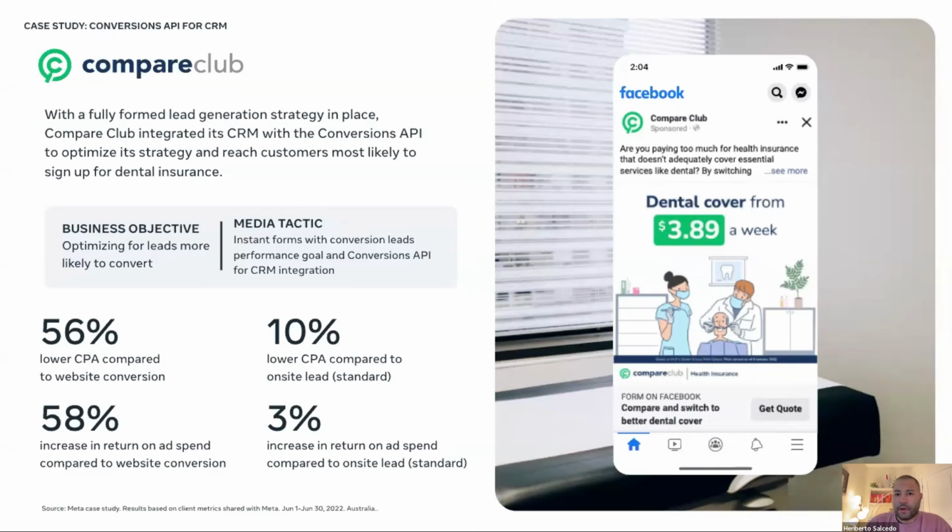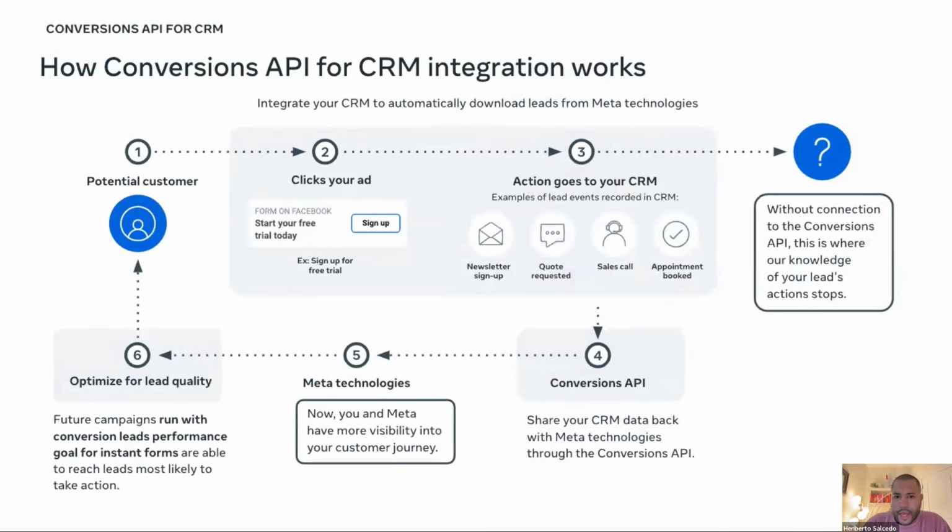Now, I wanted to give you all a peek under the hood in terms of how it works. If we go to the next slide, if you look at it from a customer journey perspective, if you go from left to right, you have your potential customer. You run a campaign to click on your ad or sign up for a free trial. That particular action goes into your CRM in terms of new lead acquired, and depending how you set up your funnel, they move along the phases.